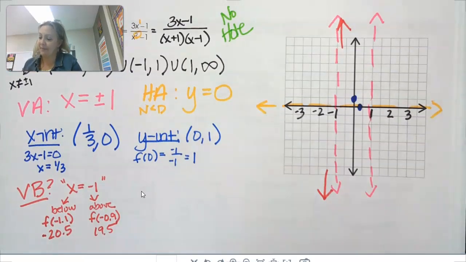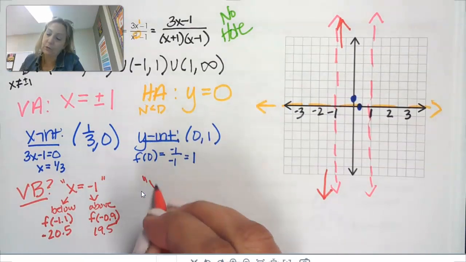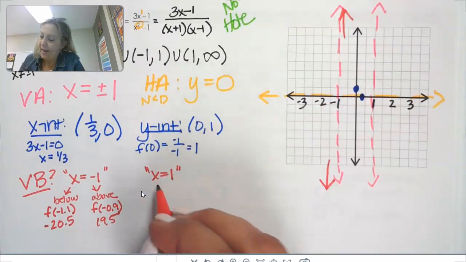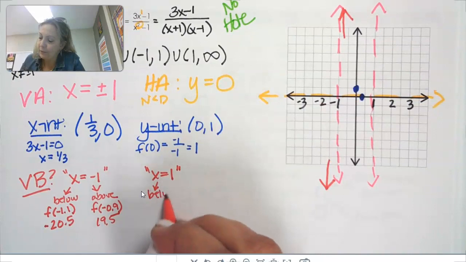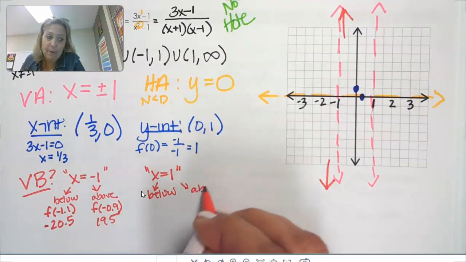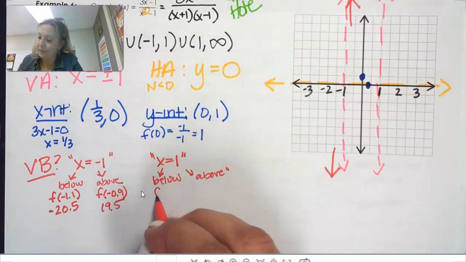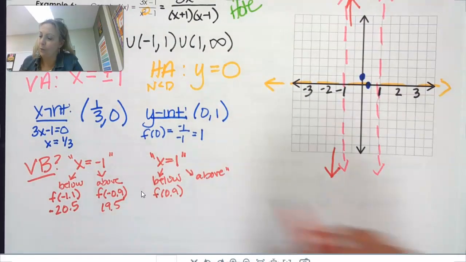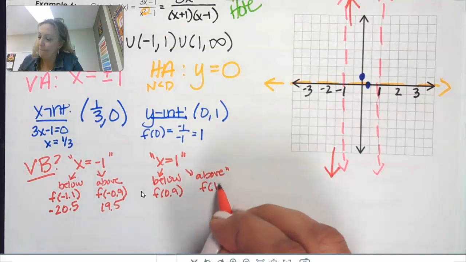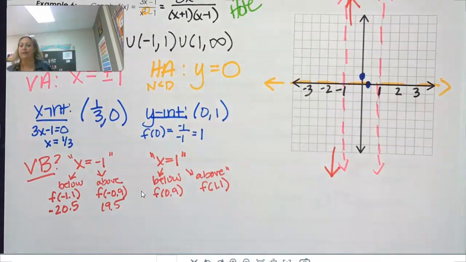Let's do the same thing with x equals 1, okay? I need to go below x equals 1, and I want to go above x equals 1. If I go below x equals 1, that would be like f of 0.9. Going above x equals 1, that would be 1.1. I'm not going to take the time to substitute it in the calculator. That's just substitution, right?